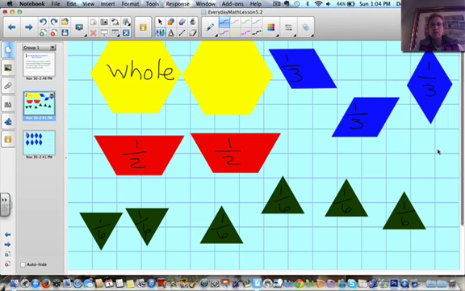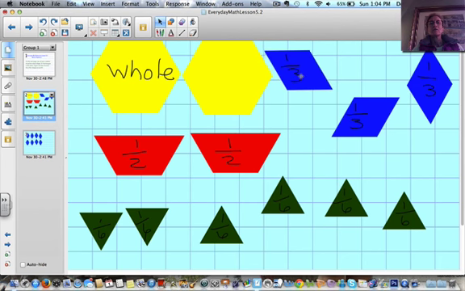You could say, well, I know that if 3 of these equals 1 whole, then I'm going to have 1 whole and 2/3, because I would have 5 of them. So you could actually put these together and physically show and demonstrate that 5 of them equals 1 whole and 2/3. So each time that you look at the rhombuses, you can think about the fact that 3 of them fit on the whole.